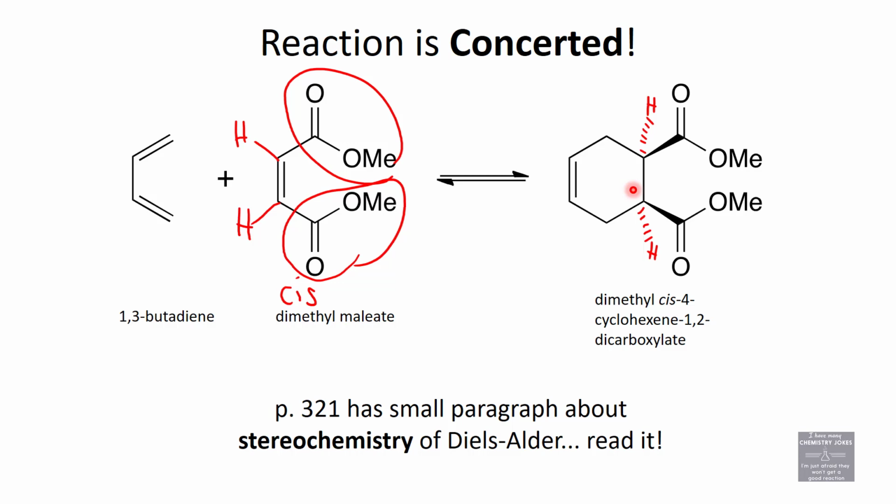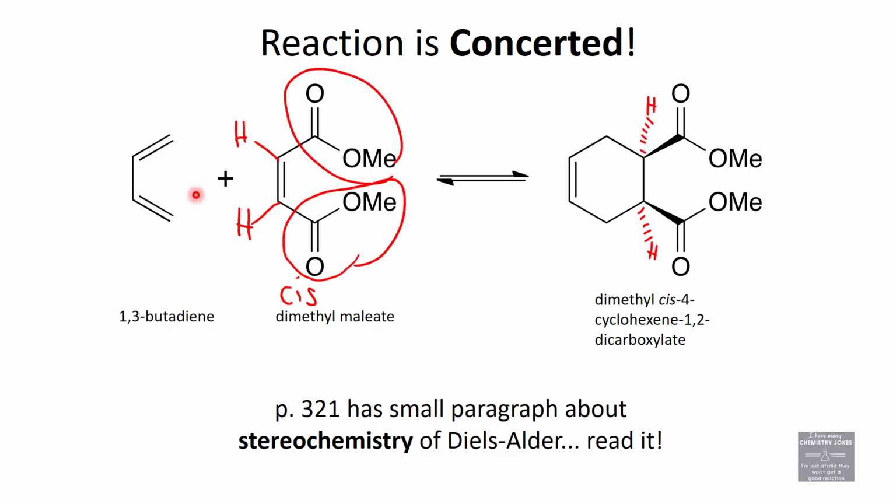Concerted means happens all at once. This planar structure has to hover over this planar structure. This planar structure, the dienophile, hovers over or under this planar structure, the diene.